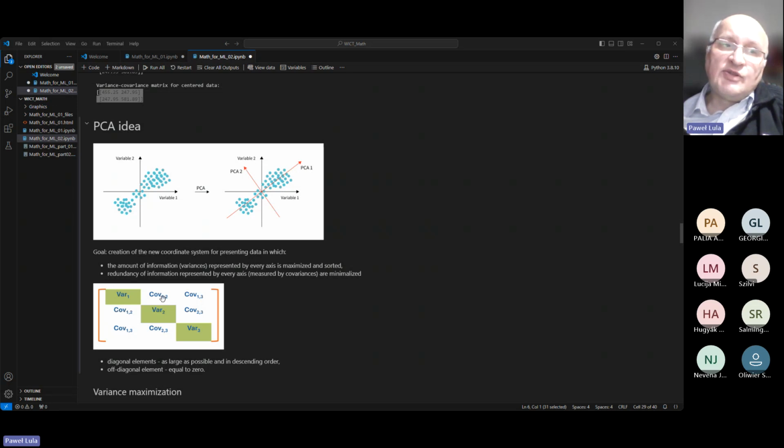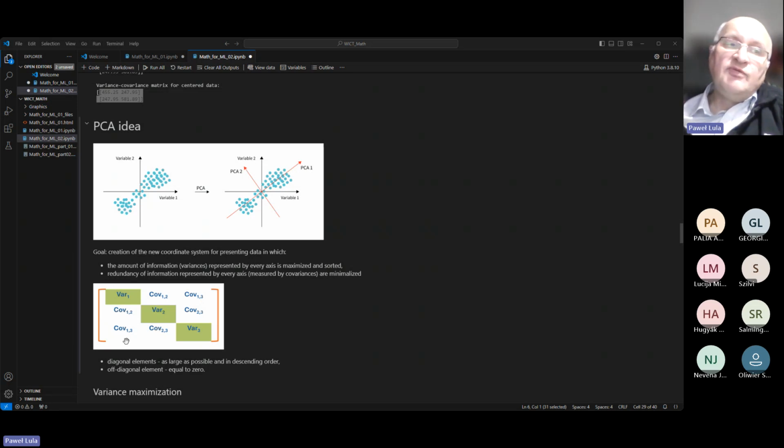Here in this matrix, we have covariances. But of course, very often we use correlated data. Correlations and covariances are related to each other. If we want to transform a covariance value to a correlation coefficient, we should divide this value by standard deviations.